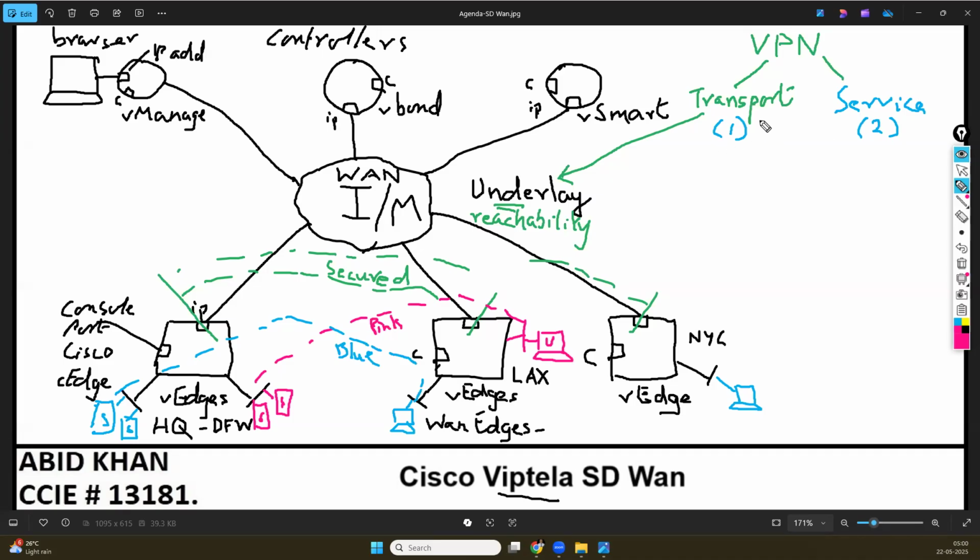So transport VPN will carry both. Initially, transport VPN will carry maybe east-west communication traffic, and transport VPN will carry north-south communication traffic.